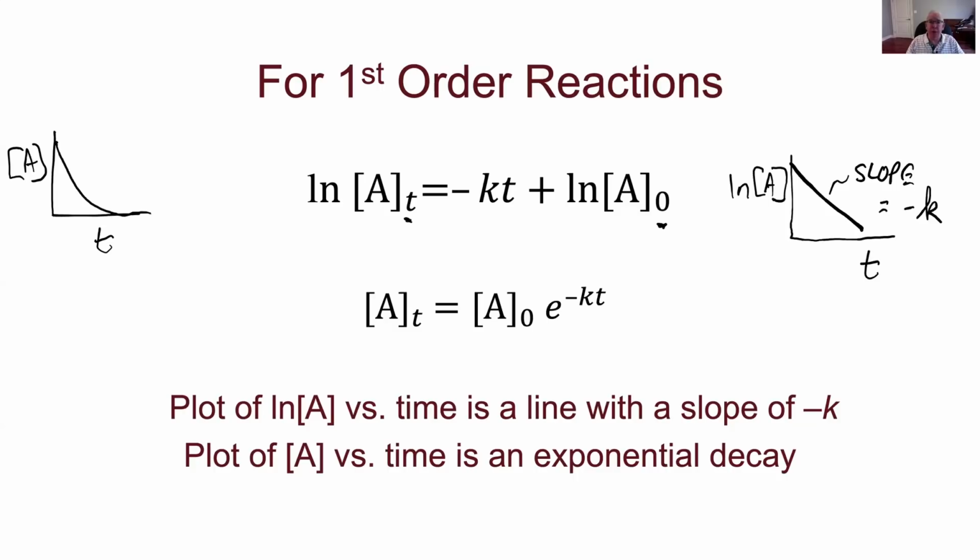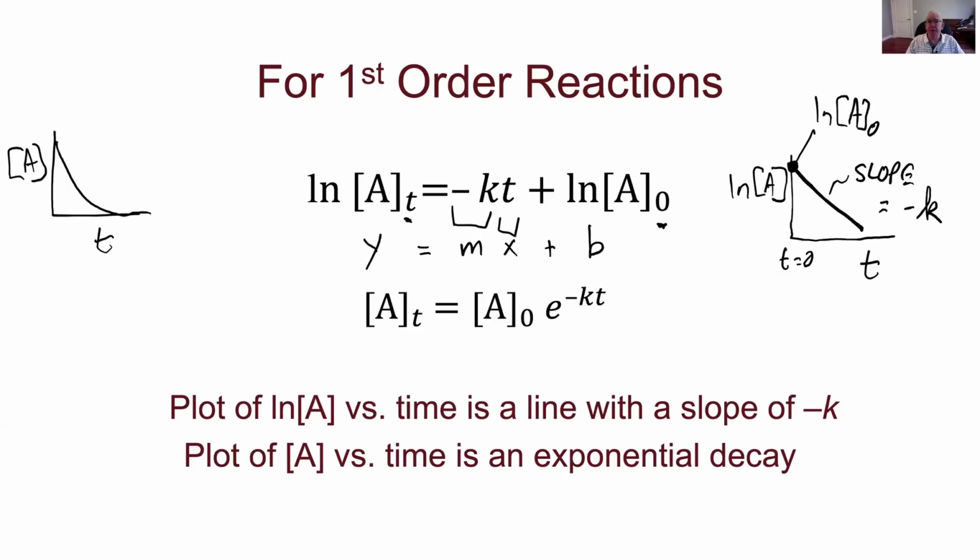How do I know that's true? The equation right next to it is the equation for that line, right? Because log of A, that's the y-axis, right? Over here, t is the x-axis, right? So if I just take that out, that's x. That makes minus k here be the slope. And then this is the intercept, right? So up here, if this is t equals 0, then that point there is the natural log of the initial concentration, okay?